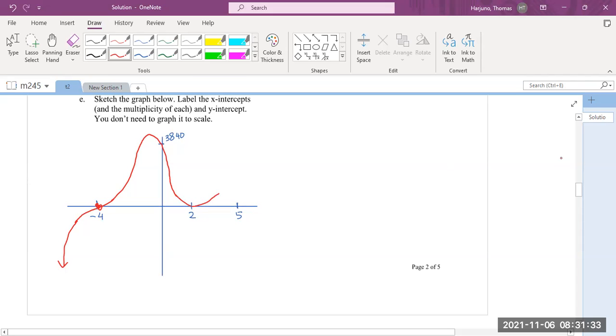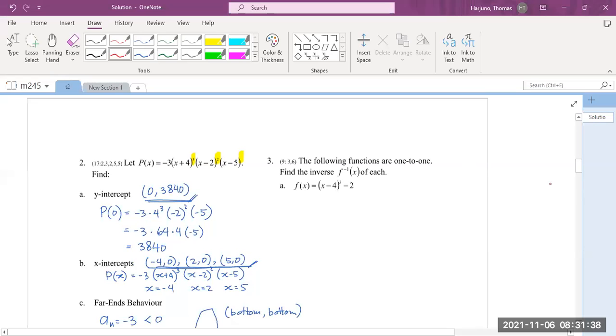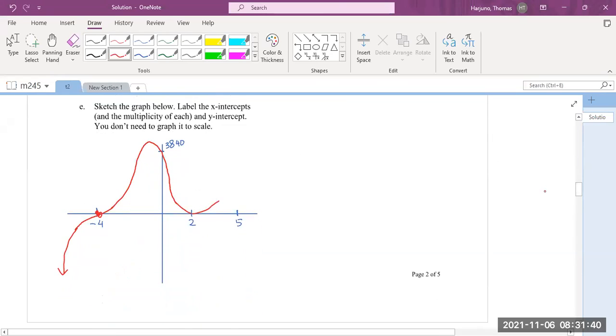And at 5, the multiplicity is invisible 1, you see here, right? Which means when it crosses that x-intercept, it will cross linearly. It will just cross like this. It's not tilting like the one we have around -4. Okay, that's approximately the graph.